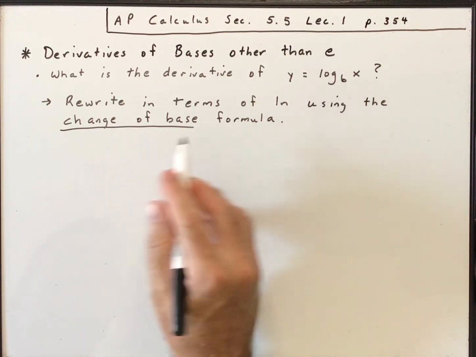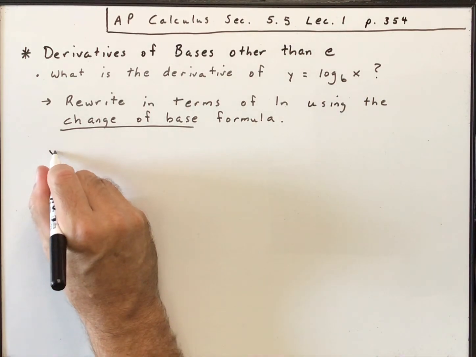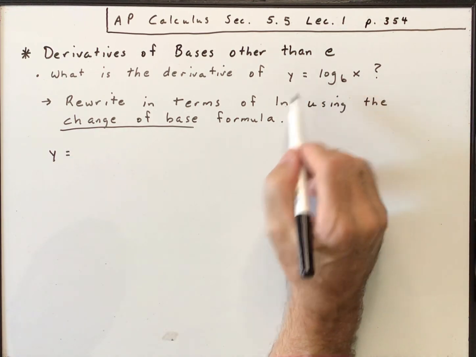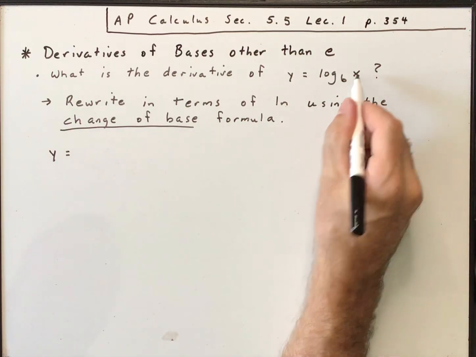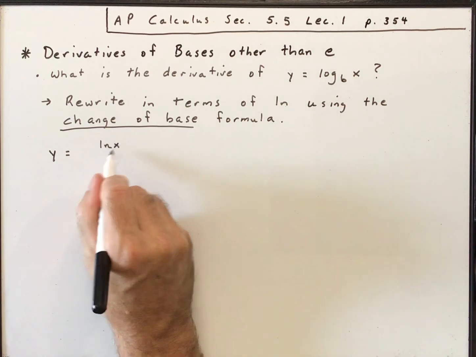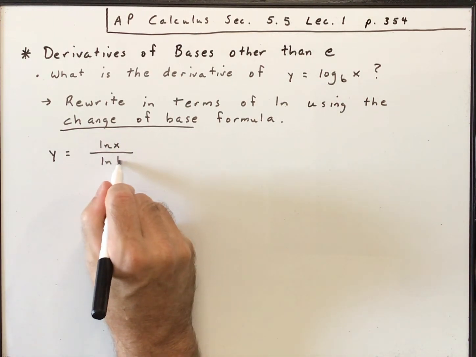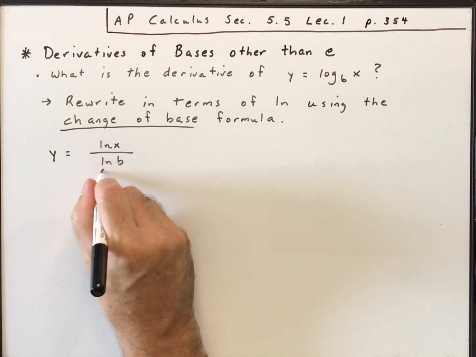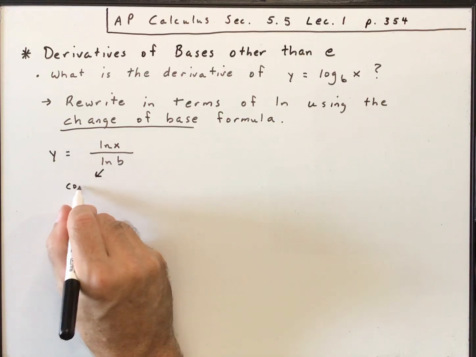We're going to rewrite this expression, and that's going to be y is equal to, remember, the b goes in the basement. We're going to do it in terms of natural log. So we would have natural log of x over natural log of b. Well, the natural log of b is just a constant.